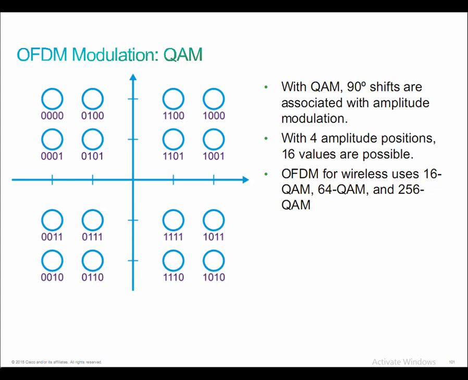We never talked about amplifying the wave or applying attenuation to a wave. With QAM, we actually have 4 different amplitudes or 4 power levels: null, which is no signal, low, average, or high. That identifies those 4 states that we talked about.